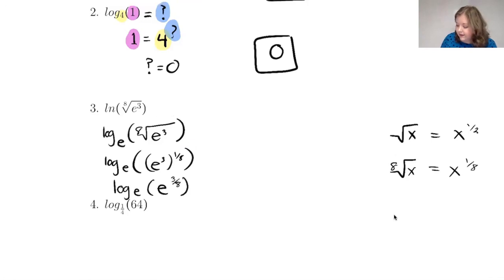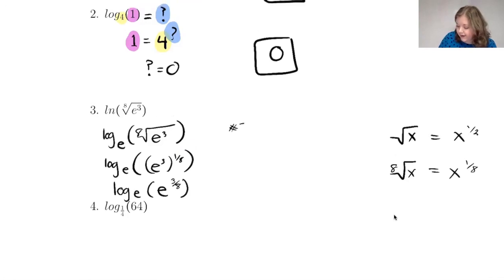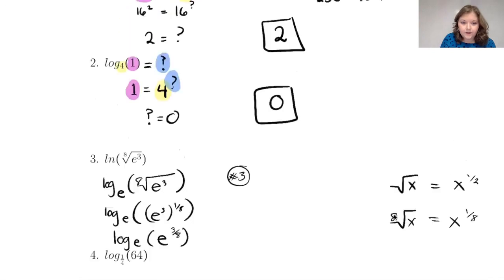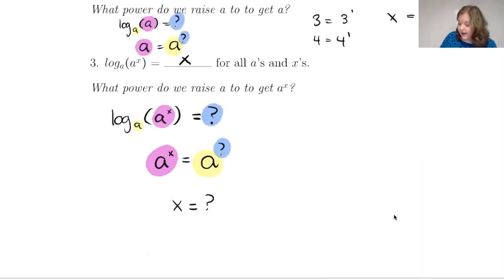And then this is property number 3. It is just like whenever we had log base a of a to a power. We have the base and then the argument raised to a power, and it's the same number.